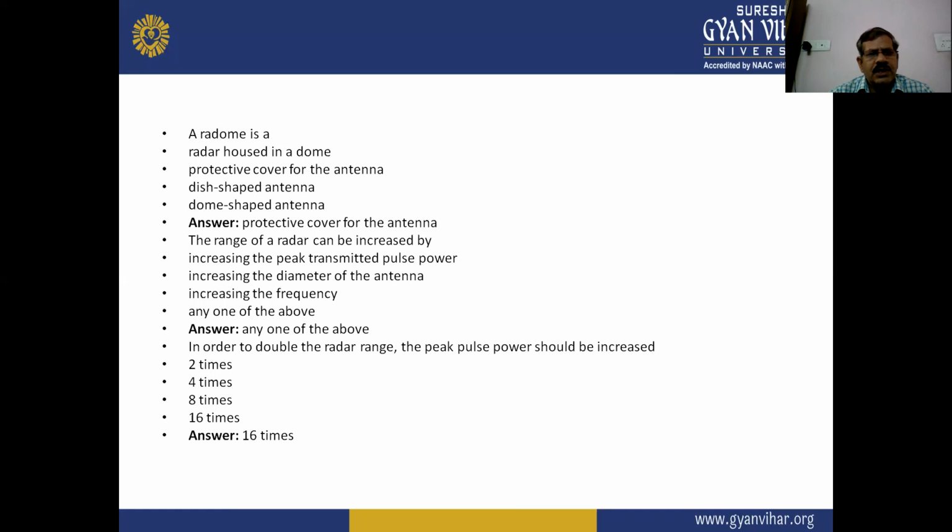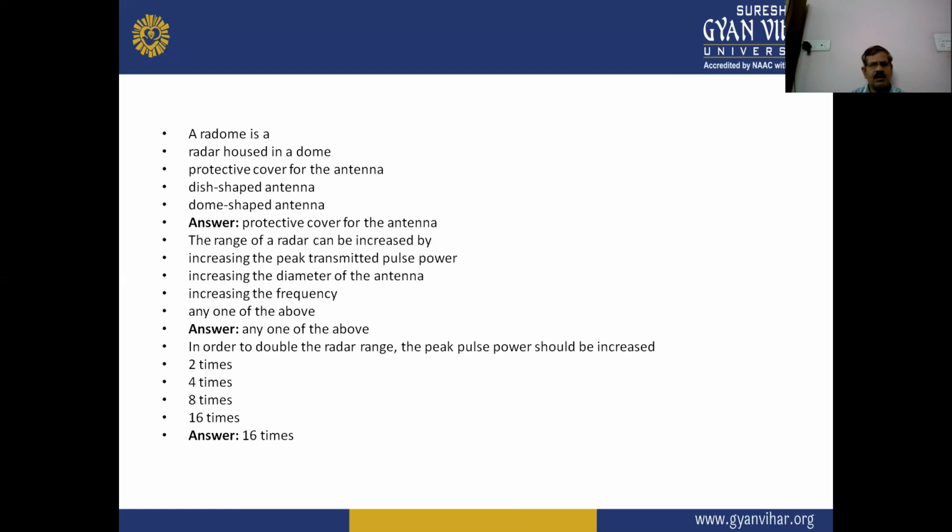In the next question, the range of a radar can be increased by option A, increasing the transmitted pulse power. B, increasing the diameter of the antenna. C, increasing the frequency. D, any of the above.